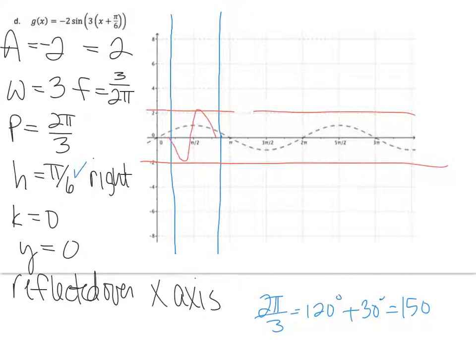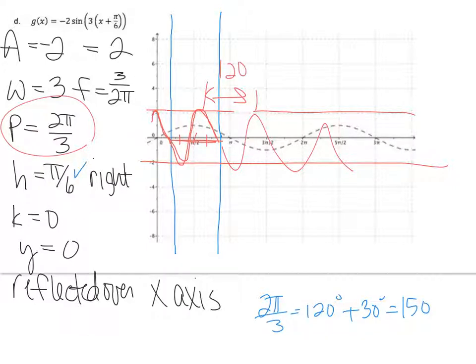Okay, if I were me, I'd be eyeballing the halfway point between here and then the quarter ways, so that I could get down and up and back again. And I could keep going, knowing that the period right there is 2 pi over 3, which is about 120 degrees. Phew. Alright, these next 4, you can look at the answer and see if you can work through the math.